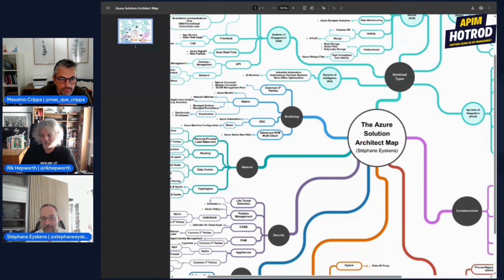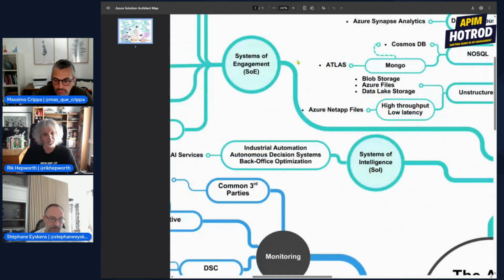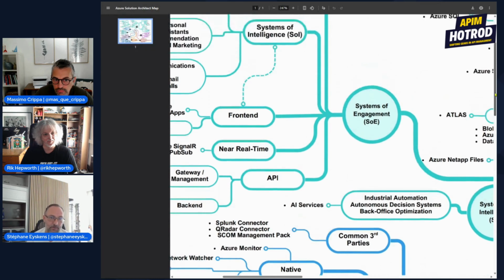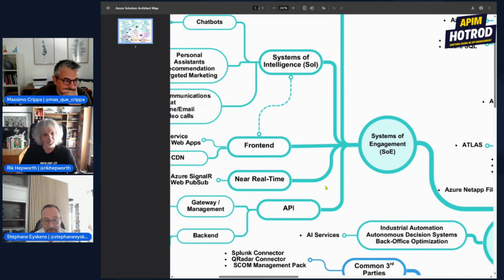So if you have to do something, maybe take a concrete example. If you see the node that I see on screen, systems of engagement, in my view, this is something where you want to engage with external parties typically, right? So you're going to have APIs, you're going to have different ways of interacting with third parties. And so then these are the tools, services that you could use in Azure that are available to build a system of engagement.